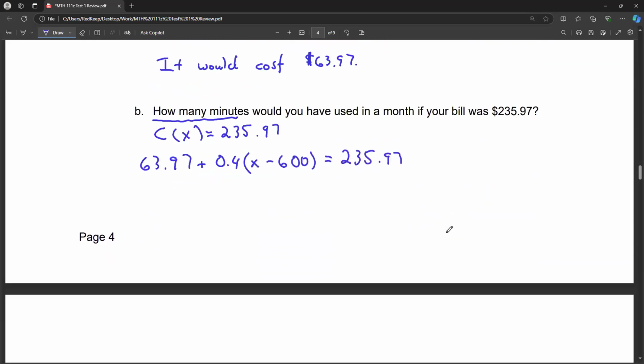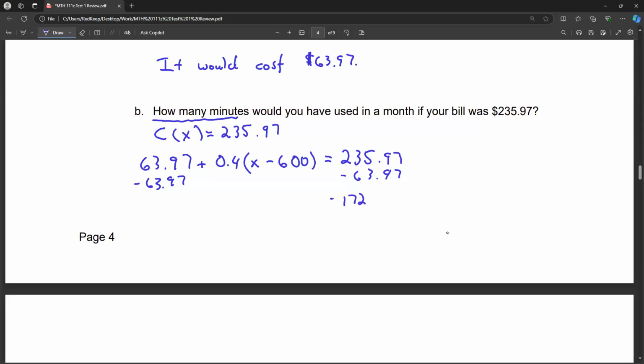Okay, so now we're being tasked to solve for this X value. So let's attempt to manipulate this to isolate our X, put it on one side, and get everything else on the other. First, I would probably subtract 63.97 from both sides of this equation. So minus 63.97, and I want to do the same thing on the right-hand side. And I think the result here is going to be 172, if I remember right, on the right-hand side.